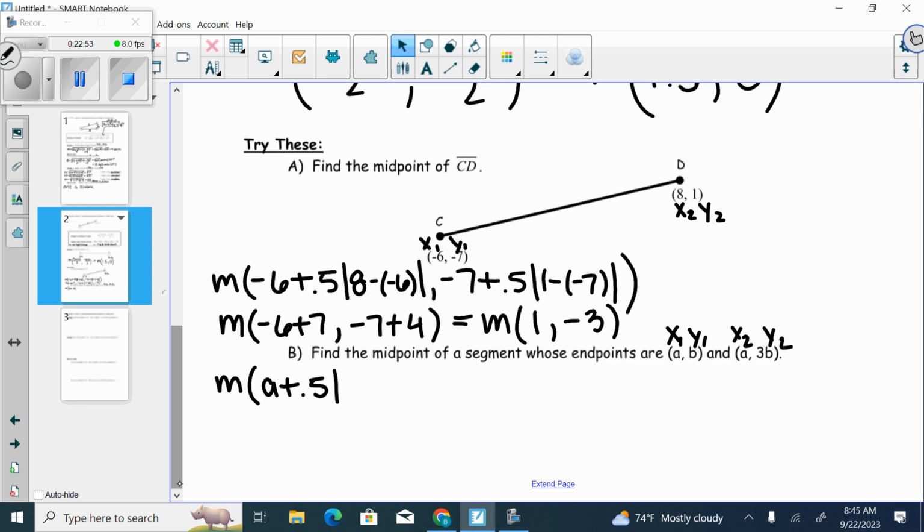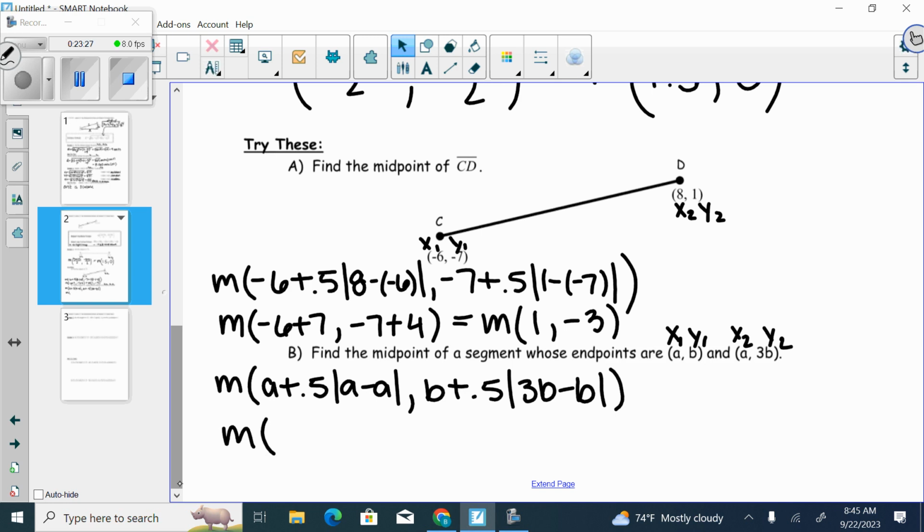So for us, that'd be A minus A, right? All right, and now we're going to do y. So I start with my y1, which is B, plus 0.5 times the absolute value of y2 minus y1. What was our y2? 3B. So I'll have 3B minus B. All right, and then we just go back and simplify.